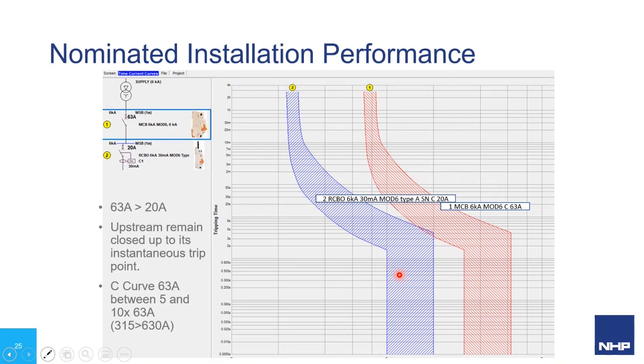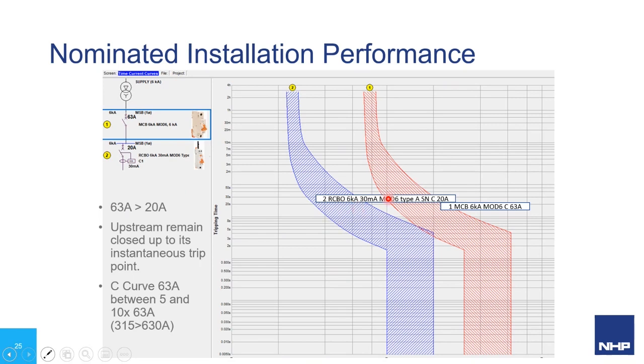If we allow full selectivity in a domestic application or a small application, shown here is a 63 amp device, C curve, and a 20 amp RCBO, C curve as well.